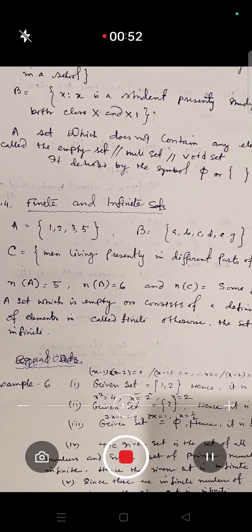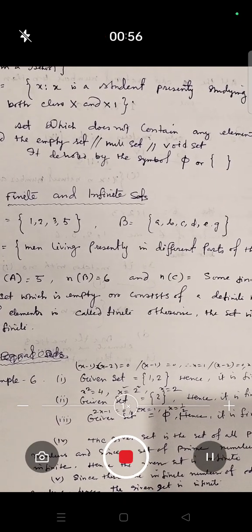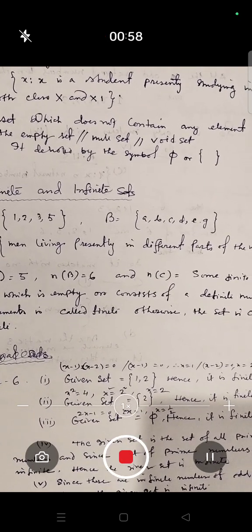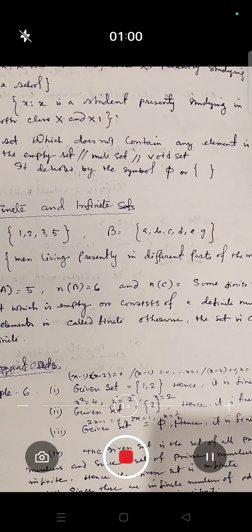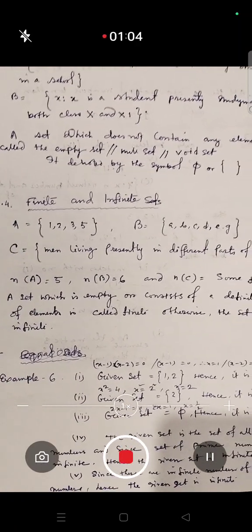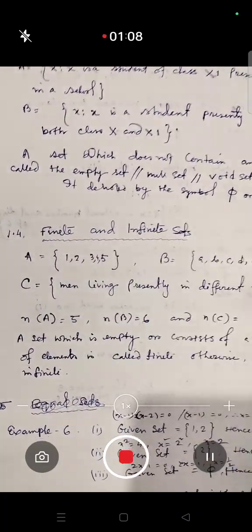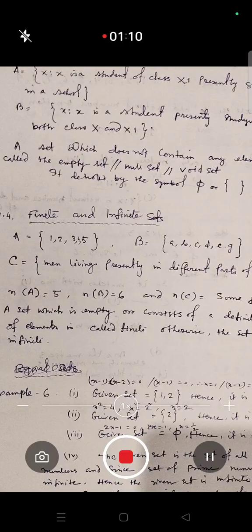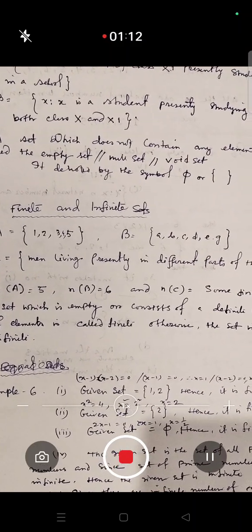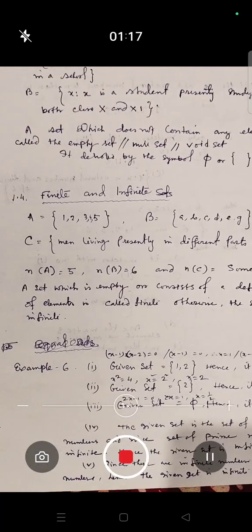Next, 1.4, finite and infinite sets. A is the set {1, 2, 3, 4, 5}, B is the set {a, b, c, d, e, g}, and C is the set of men living presently in different parts of the world.